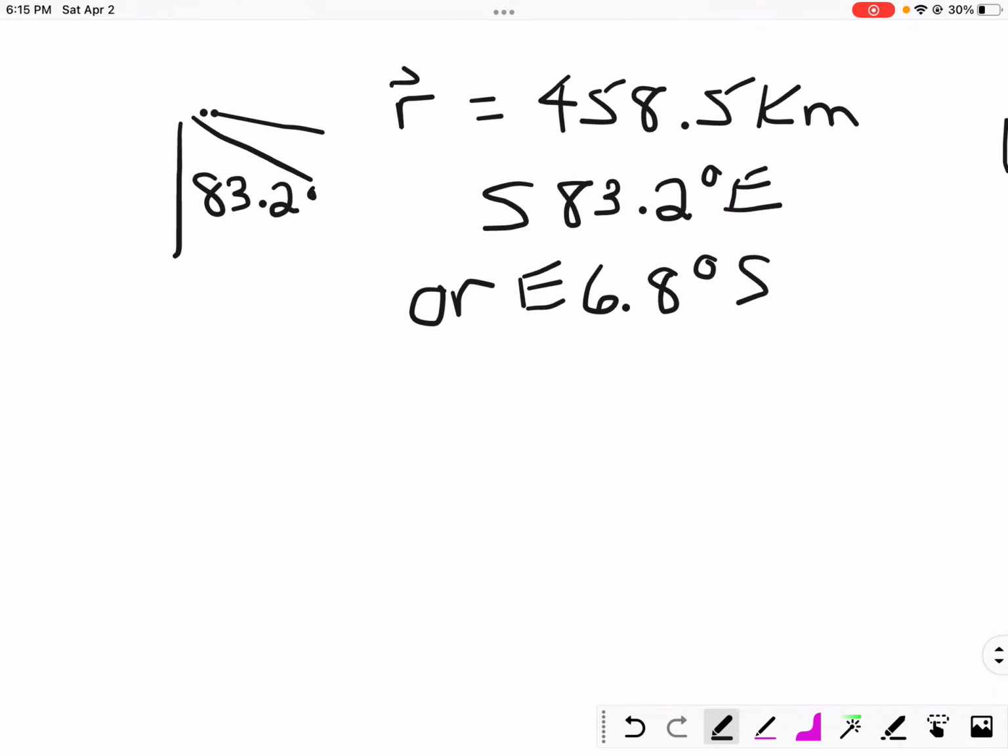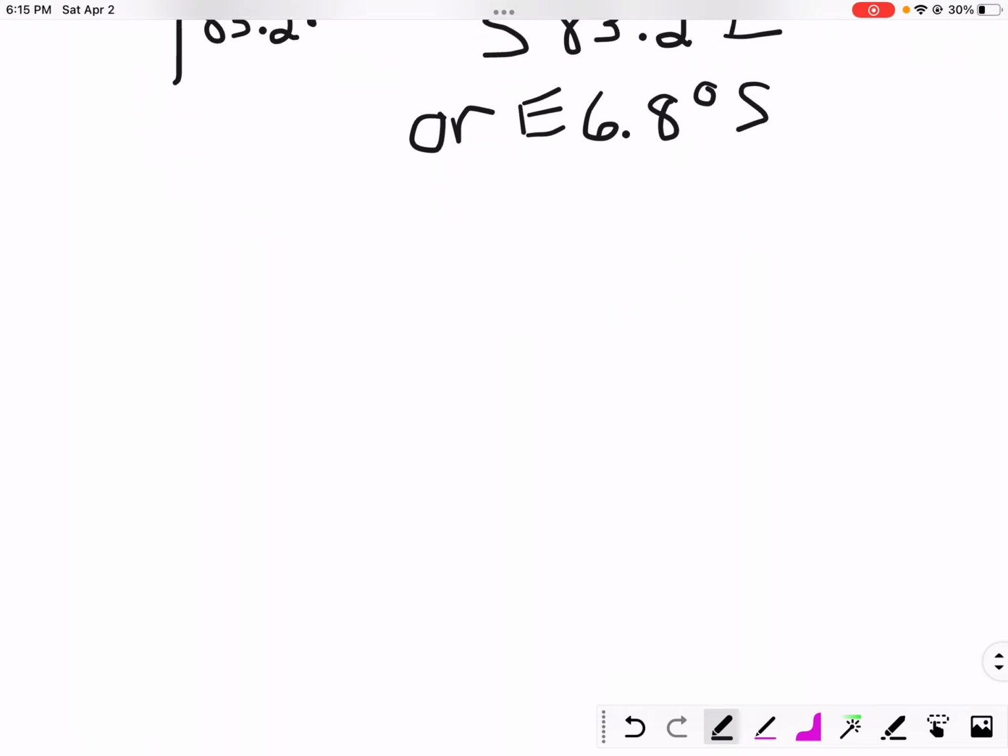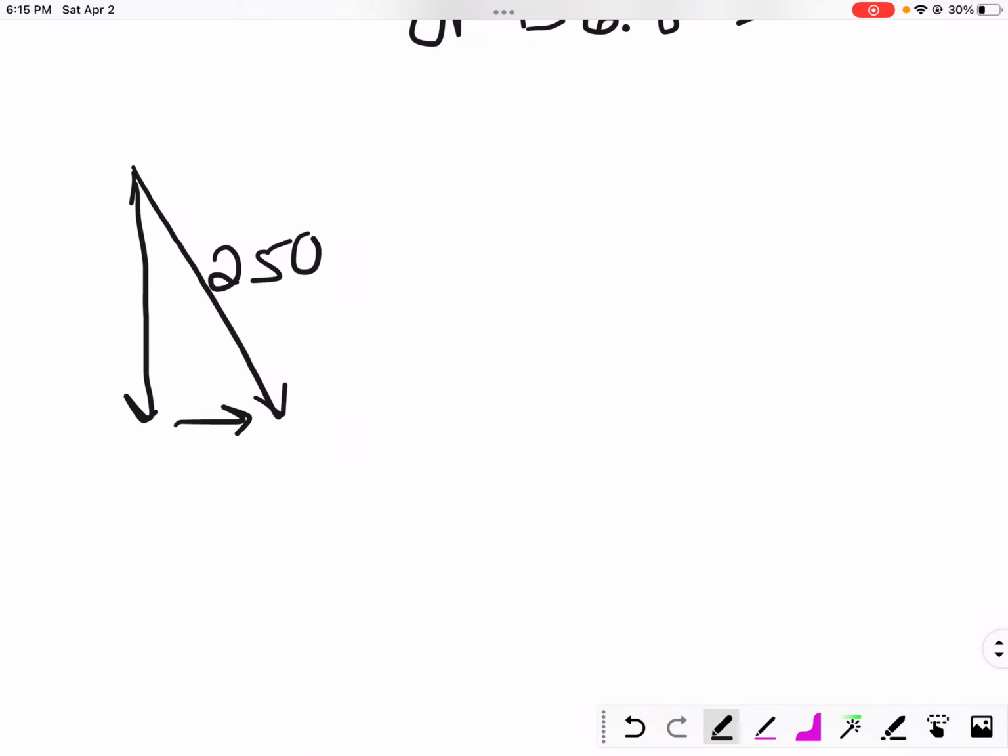Now, the other way of doing this is breaking each of the two vectors into their perpendicular components. So I'm going to draw this, and that's 250, and it goes this direction, which is the same as going down or south and east.